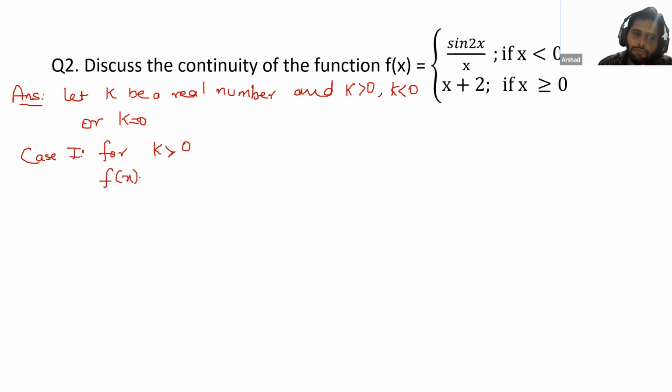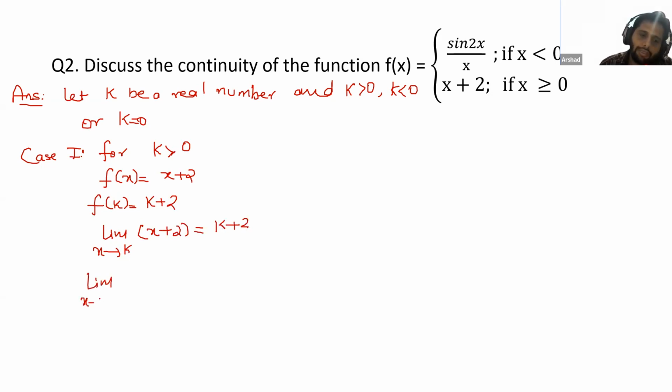Nabil Ahmed, what will be the value of f(x)? f(x) will be x plus 2, sir. Very good, x plus 2. So we will find f(k), that will be k plus 2. Then we will calculate limit x tends to k of x plus 2, this will give you k plus 2. So limit x tends to k of f(x) is equal to f(k).